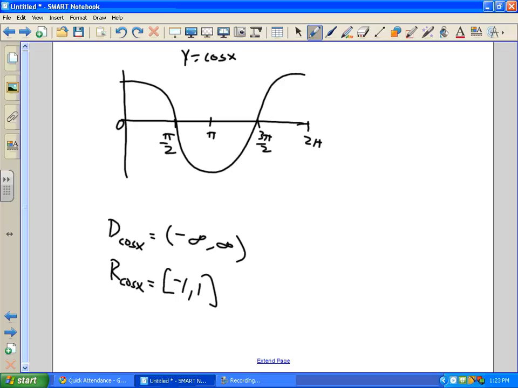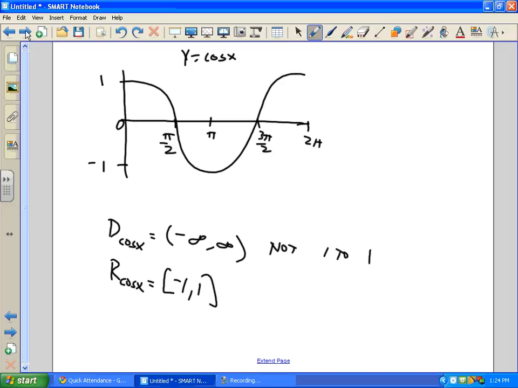Okay, is the cosine a 1 to 1 function? No, it's not 1 to 1. So I need to limit the domain. And when you limit the domain, the only rule is that you can't change the range. So where could you limit that domain so you still have a range of negative 1 to what? 0 to pi.